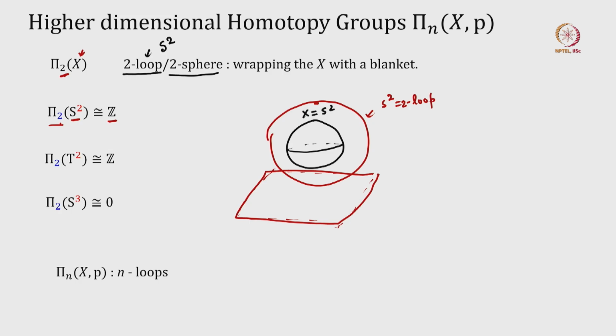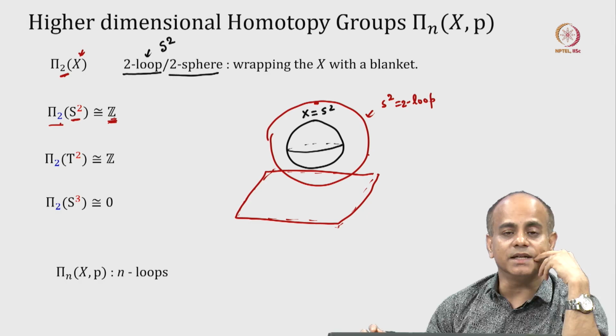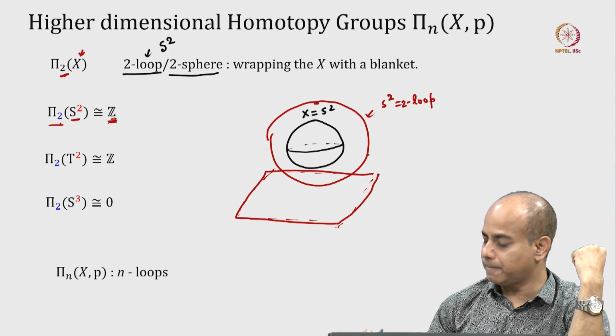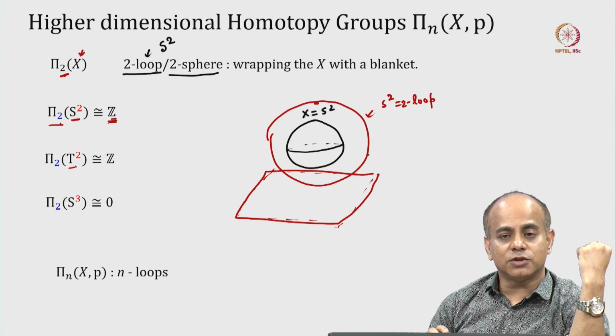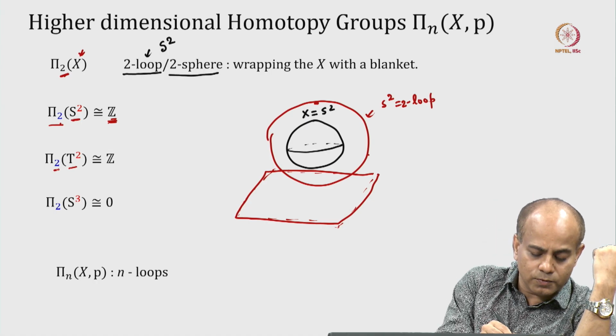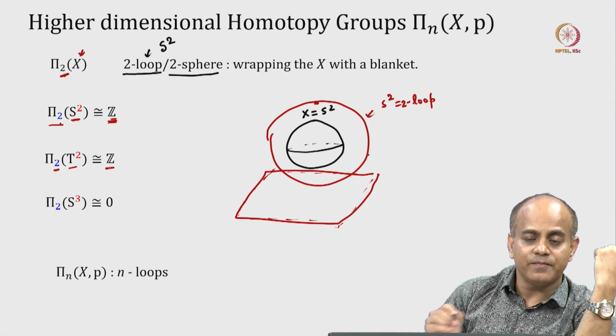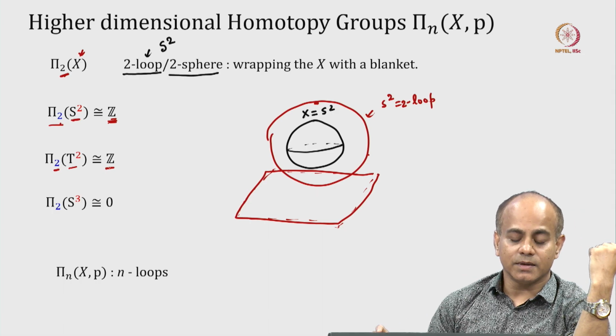Okay. You can wrap it once and you can wrap it twice and so on, and you will see that you will get different numbers. If you wrap it twice, that is different from wrapping it once or unwrapping it. So that is why you will get Z. Okay. And then if you do the same thing for torus, so if I do a 2 loop, then we see that Z. Okay.